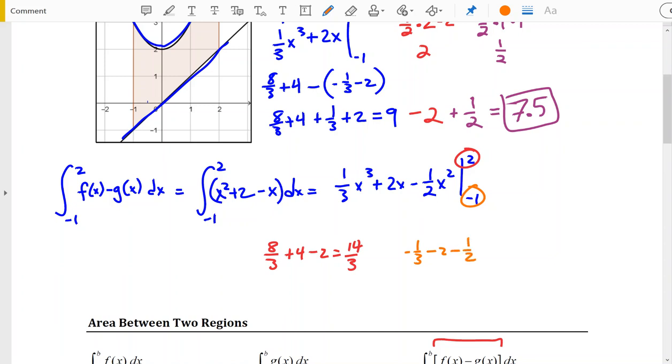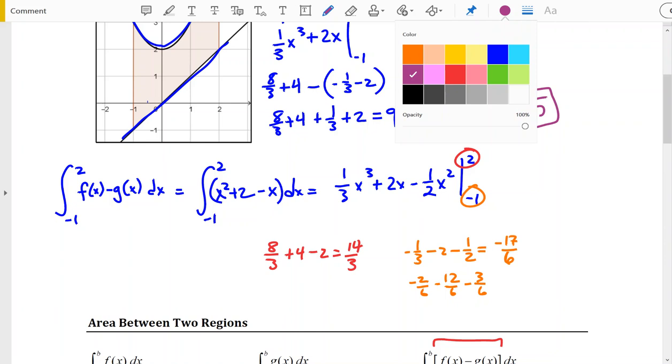minus 1/2. And let's get a common denominator of 6. So that's -2/6 minus 12/6 minus 3/6, giving us a total of -17/6. And we want to subtract our two results.